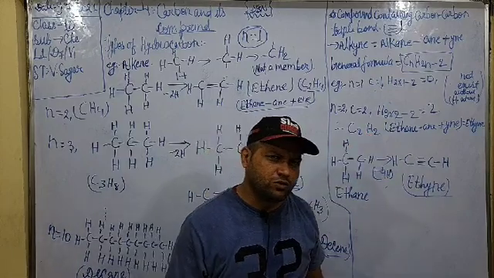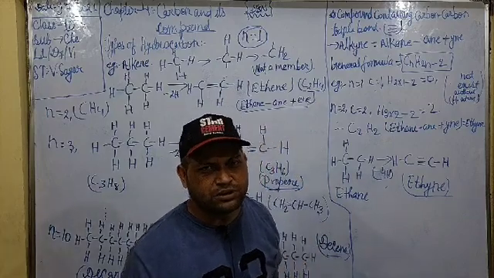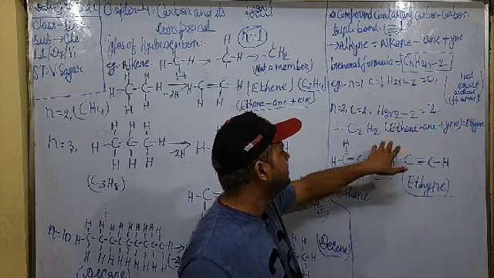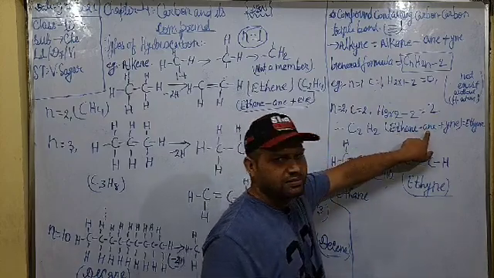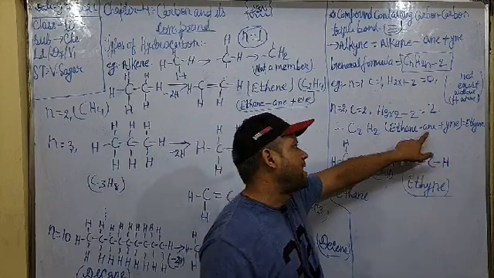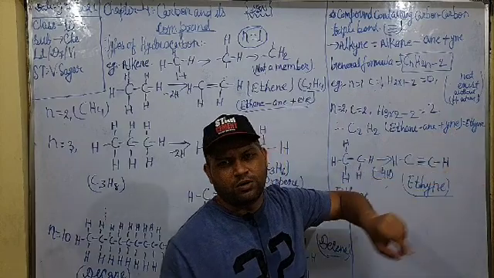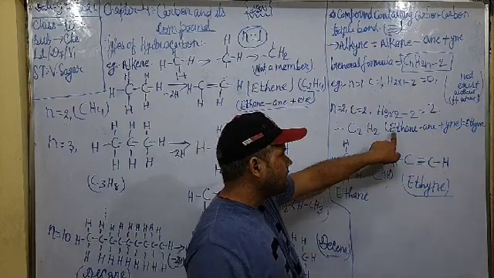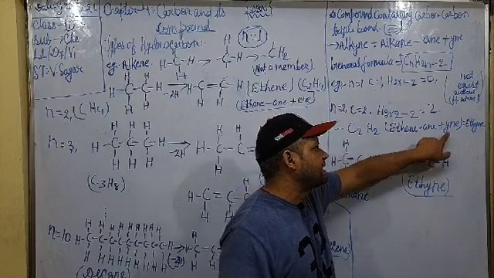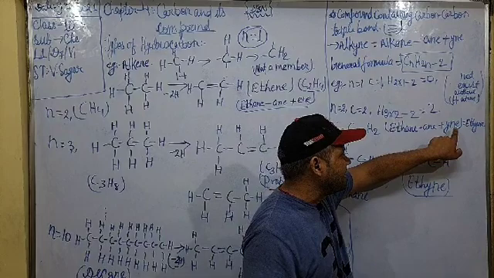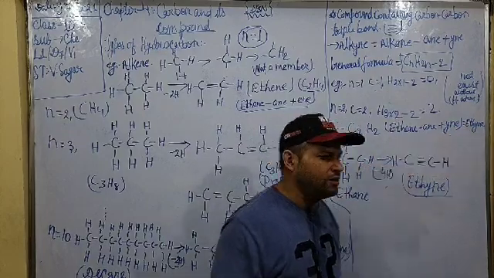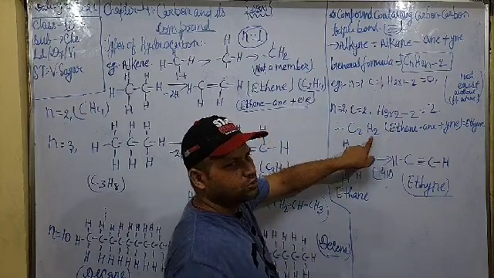If anybody asks you to name the first member of alkyne, you have to write its name from ethane: replace the suffix ane by yne. The name written in this way is called ethyne. So C2H2 is called ethyne.